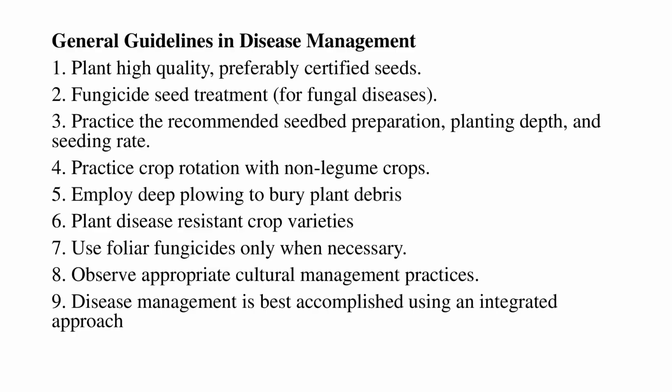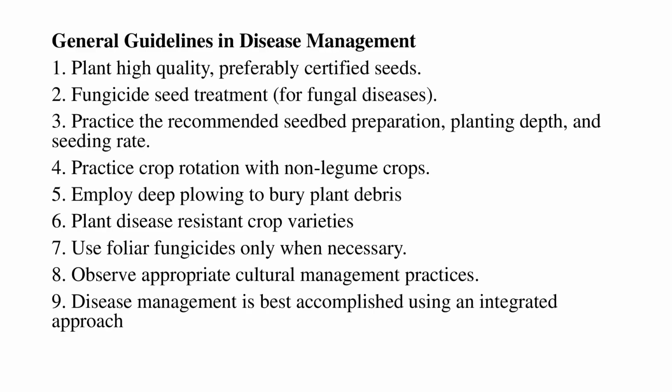There are different general guidelines in disease management. Number 1, plant high quality, preferably certified seeds. Second, fungicide seed treatment, and practice the recommended seed bed preparation, planting depth, and seeding rate. Fourth, practice crop rotation with non-legume crops.